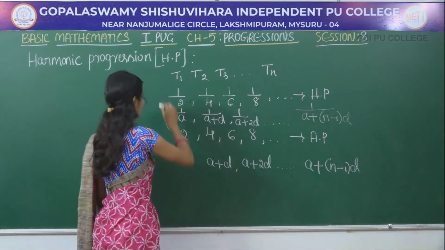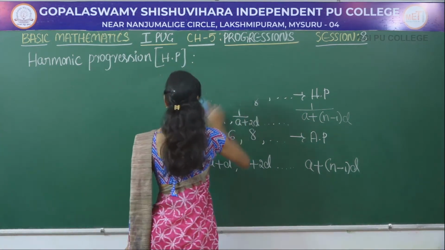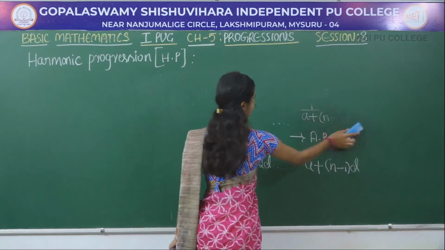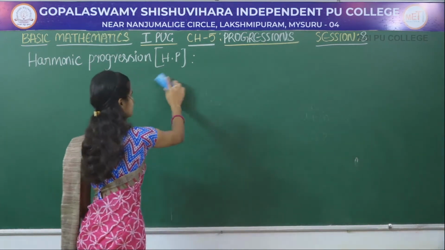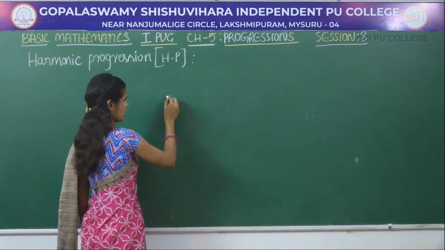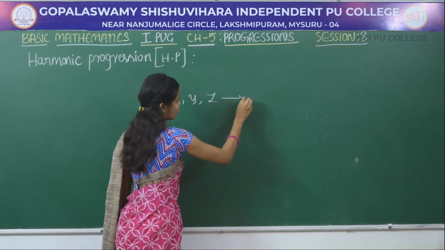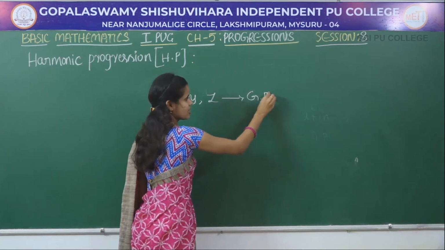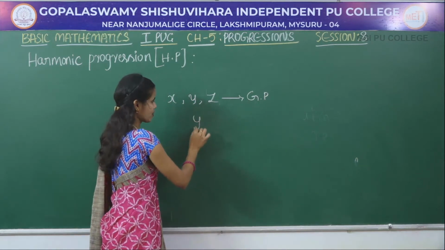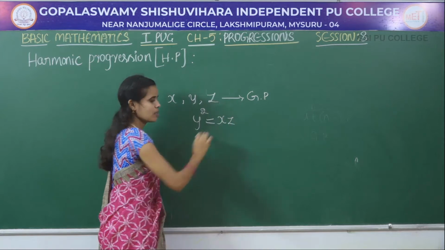Okay. So now next, consider three terms x, y, z. Suppose first that x, y, z are in GP, then what is the condition? Here the square of the middle term, y square, is equal to the product of the first and last terms, x into z.